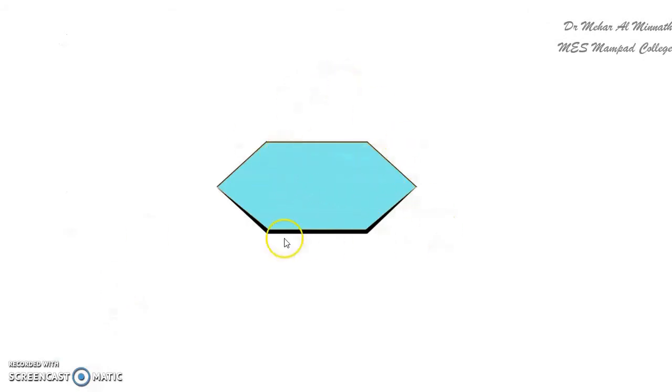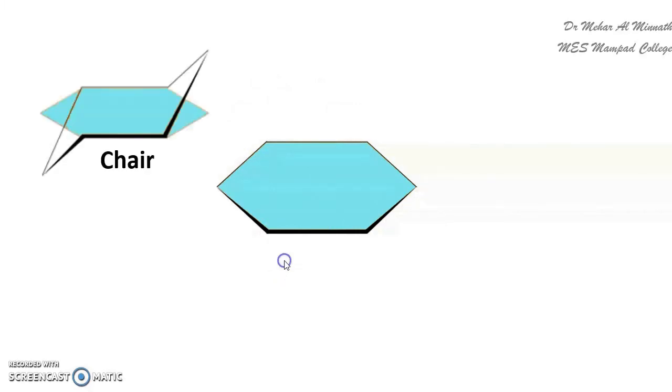If this is the planar cyclohexane ring, puckering can happen when one carbon is pulled down and the other carbon is pulled up. That means among the opposite carbons, one is pulled down and one is pulled up. If we number the carbon atoms 1, 2, 3, 4, 5, 6, carbon 1 is pulled up and carbon 4 is pulled down.